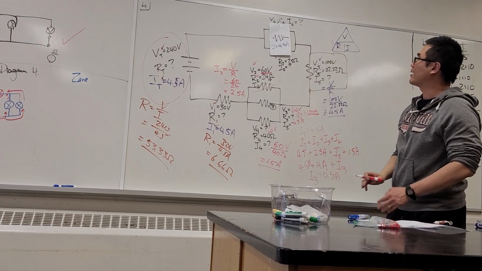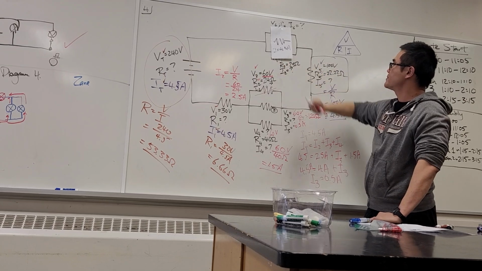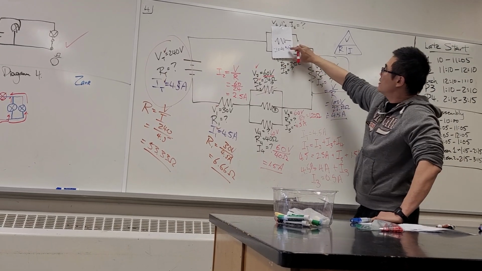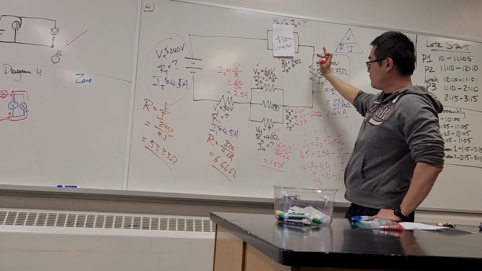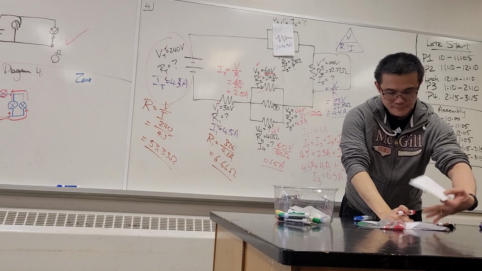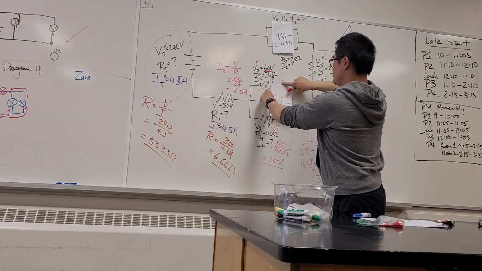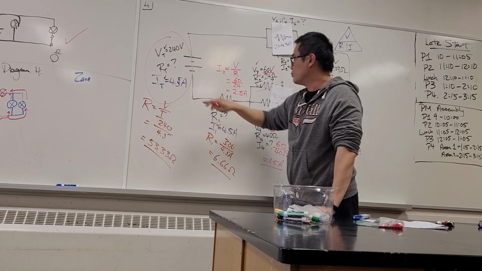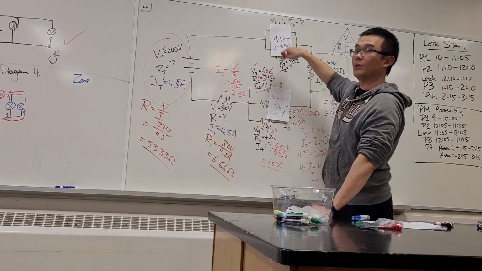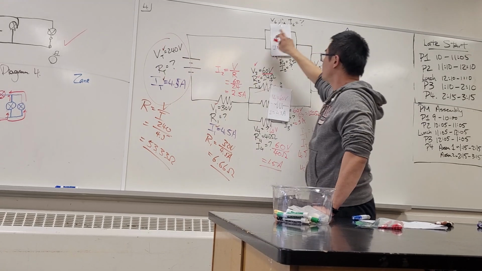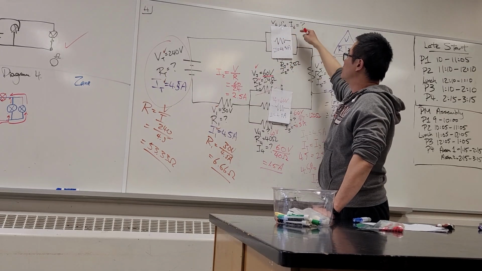We now want to tackle the thing on top. We have the current, 4.5 amps. Now, looking at this, we don't have any information about the voltage, but the good thing is that in a series circuit, the total voltage equals 30 plus 60 plus 100 plus whatever this is. So we can solve what the voltage for these two together is, and then we can use it individually.